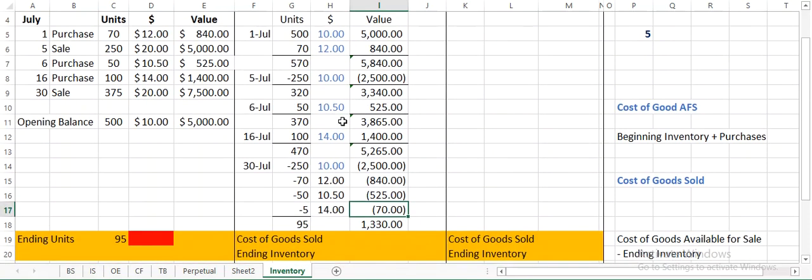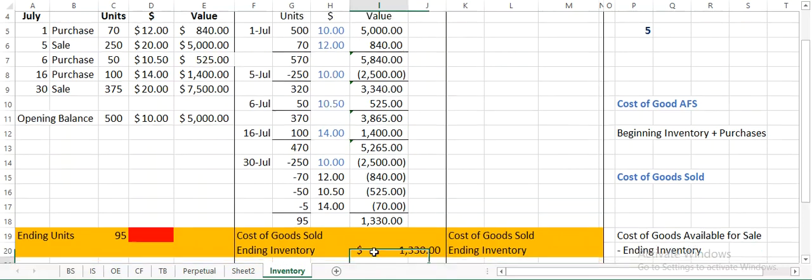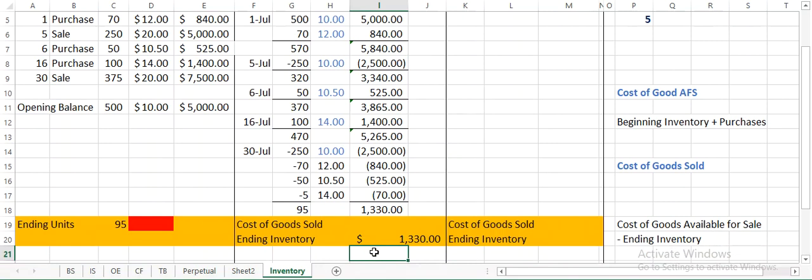This is going to be the ending inventory balance under the perpetual system. So our ending inventory, 1330, is our ending balance.